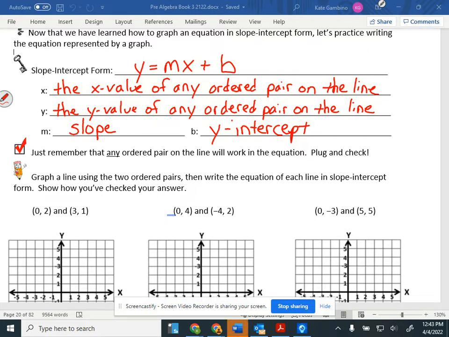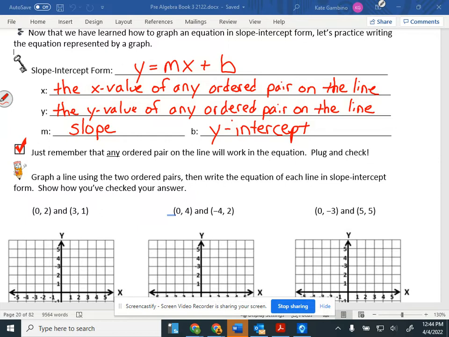It is very important that not only do you recognize the term slope-intercept form, that you know y equals mx plus b, you need to know what all the variables stand for. So it's important to know m is the slope, b is the y-intercept, and the x and the y are from the ordered pairs. Just remember that any ordered pair on the line will work in the equation.